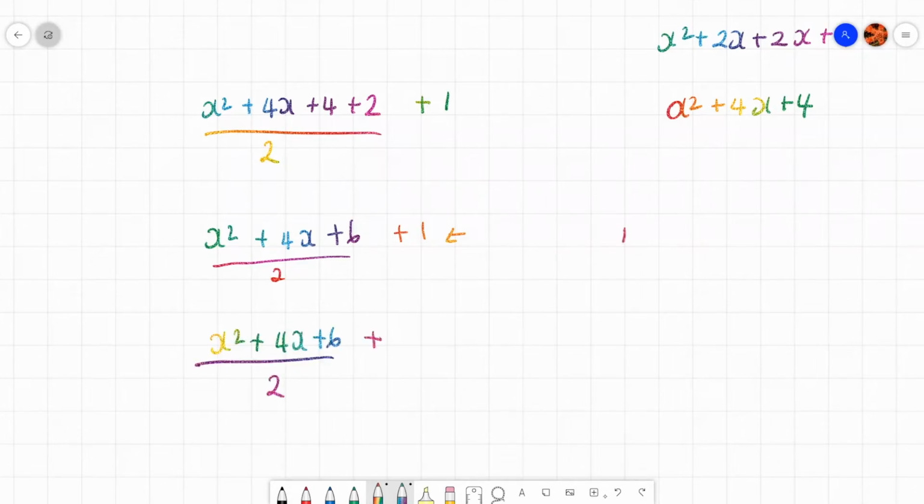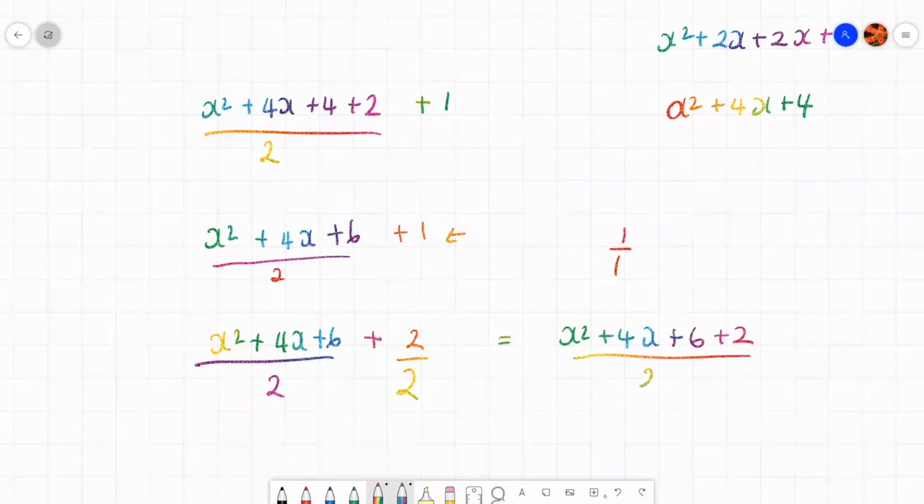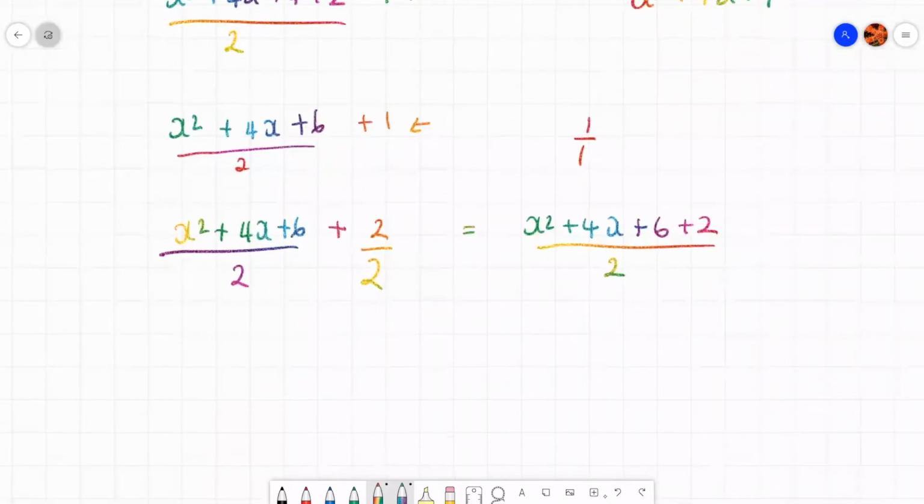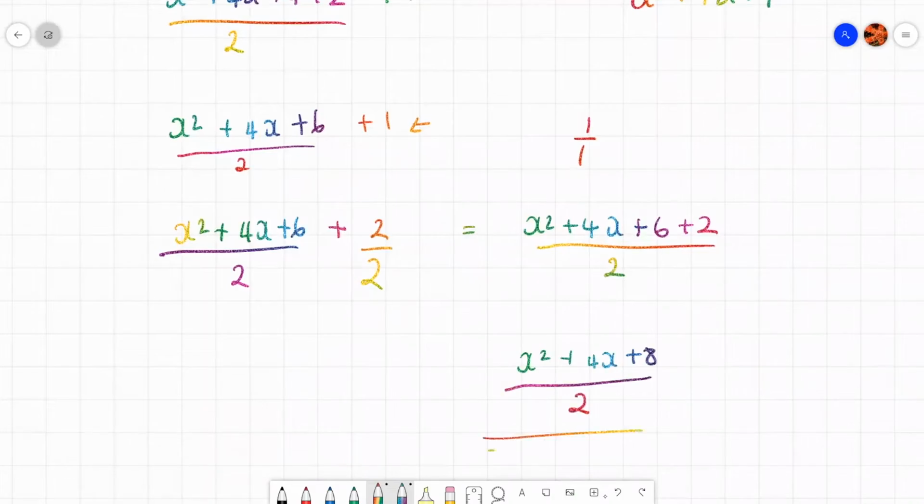Add, well, that at the moment is 1 over 1, so I need to times it by 2, 2 over 2. So that becomes x squared plus 4x plus 6 plus 2 all over 2. So then again, x squared plus 4x plus 8 all over 2. And that is my answer.